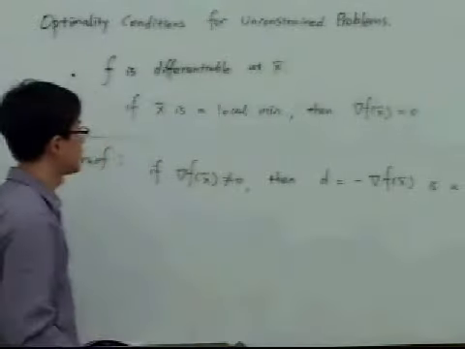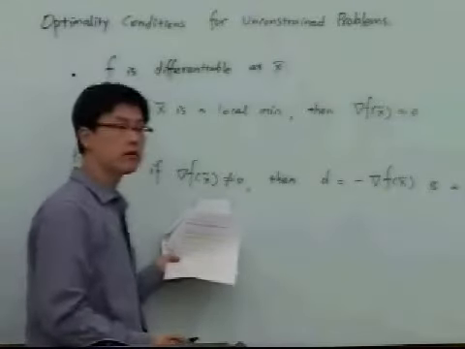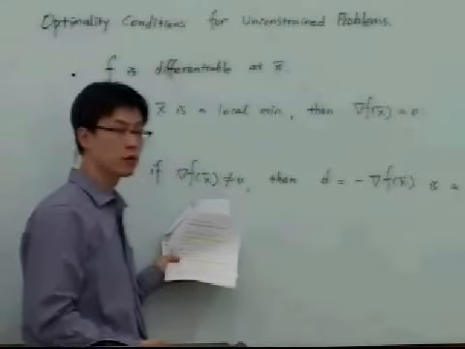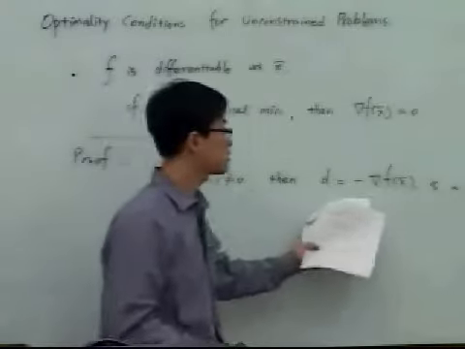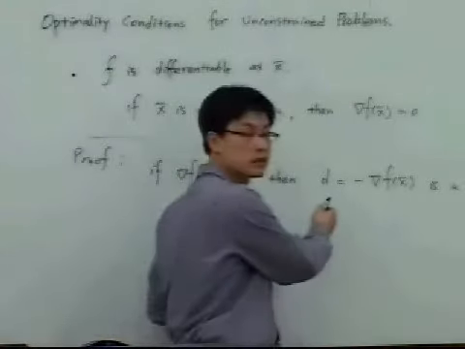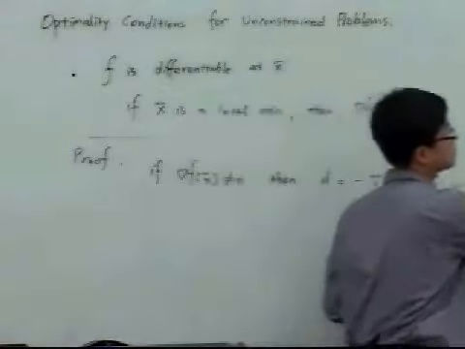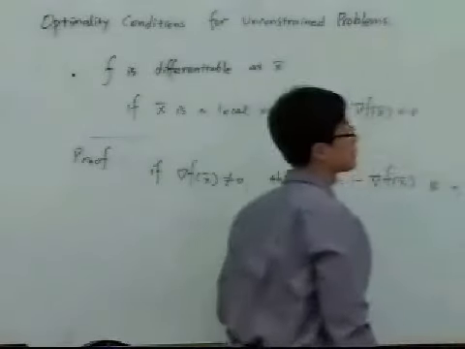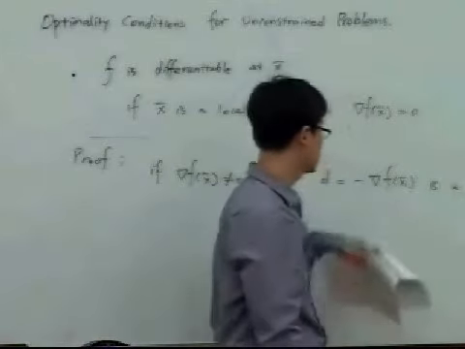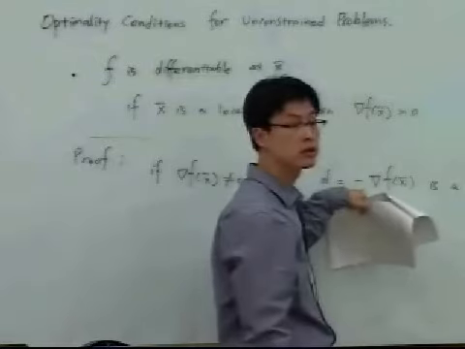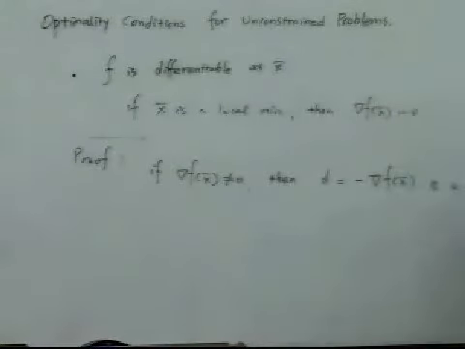So, if this gradient of f at x bar is not 0, then if you take this as a D and plug that into that once again, since there is a minus sign, this is always less than 0.